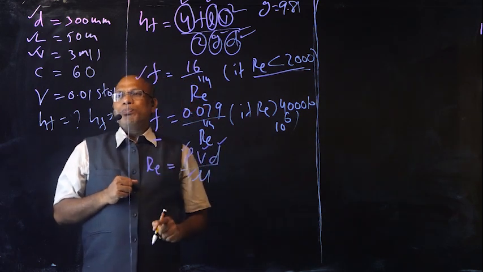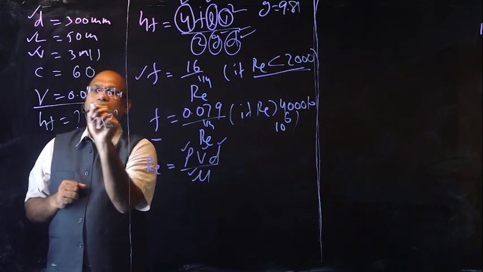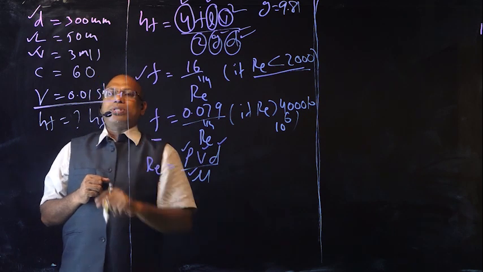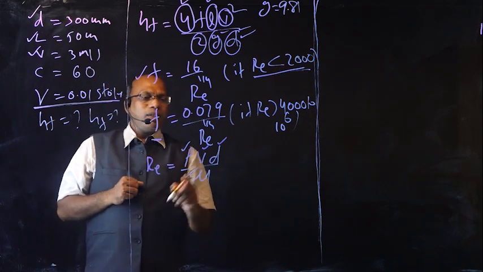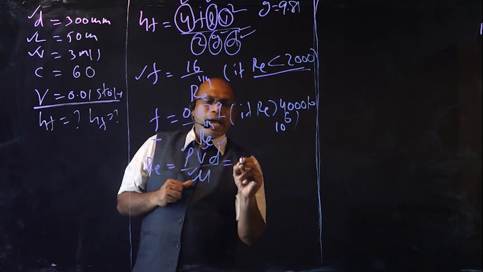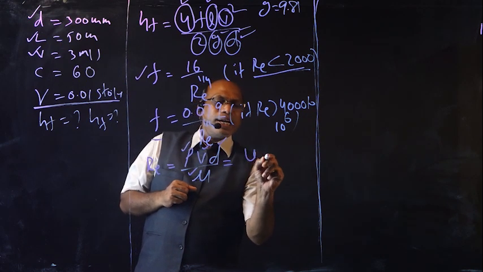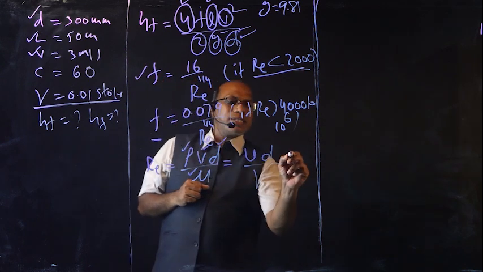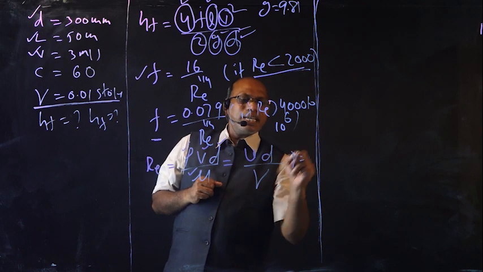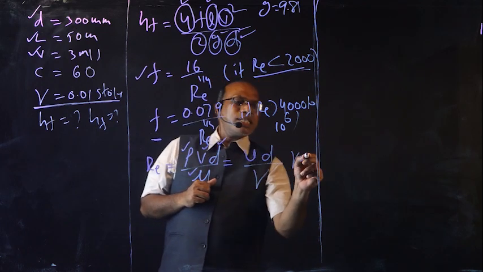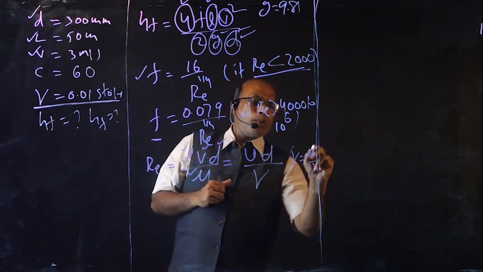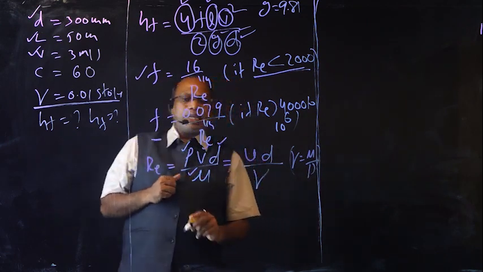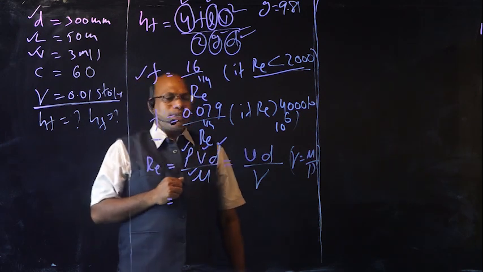But in this problem, they have given kinematic viscosity, equal to 0.01 Stokes. So this formula can be written as VD by nu, that is the kinematic viscosity, since kinematic viscosity is equal to mu by rho. Therefore, in place of mu by rho, we have taken kinematic viscosity.